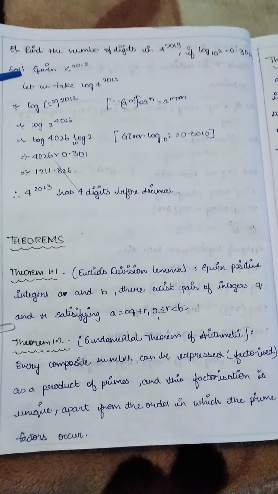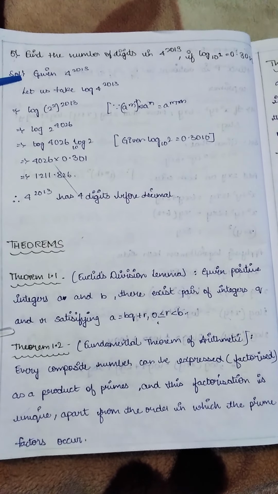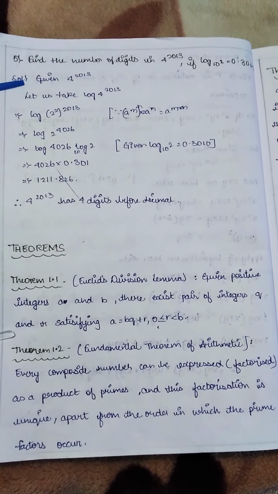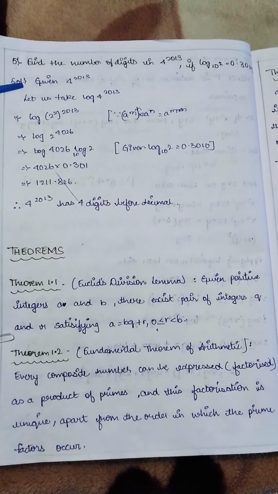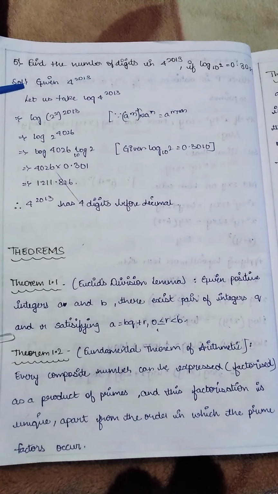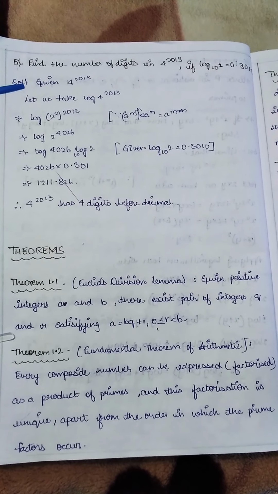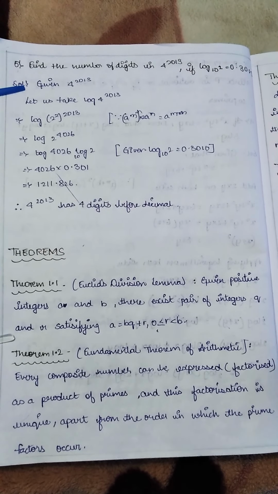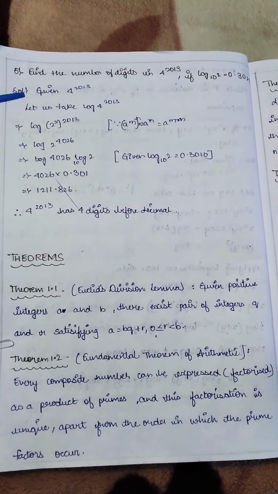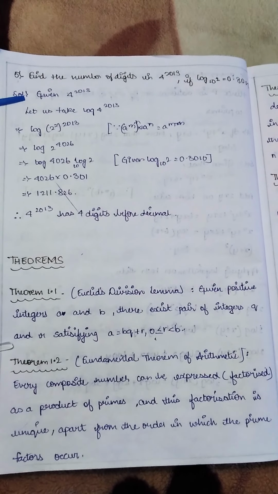Here a and b are positive integers, and q and r are a pair of integers.